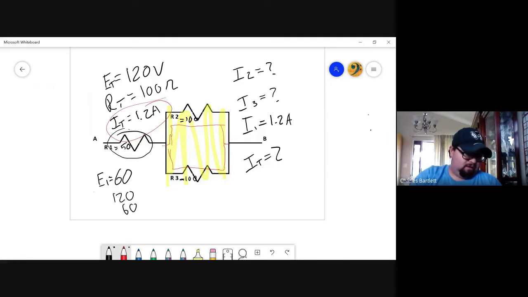If we subtract 60, then we're left with 60, right? And so across this parallel part of the circuit, the voltage, so the voltage for E and E2 and E3 is also 60 volts. And with that 60 volts, we can figure out what the amperage is.